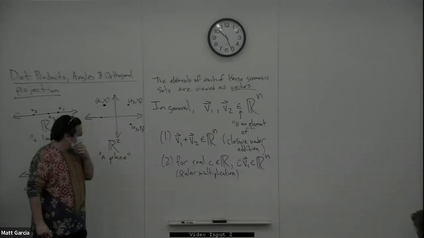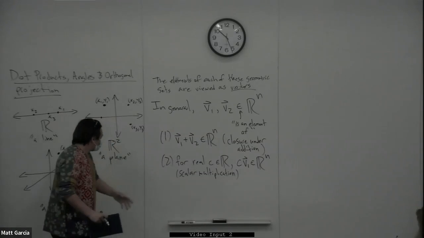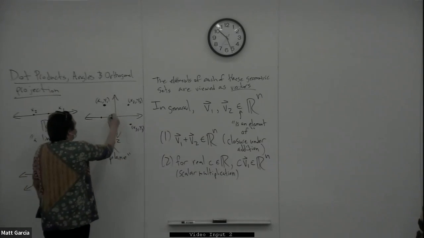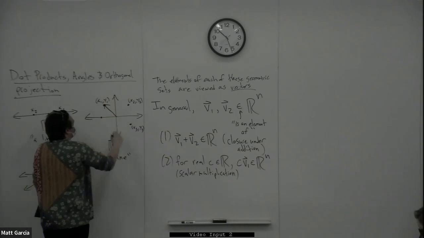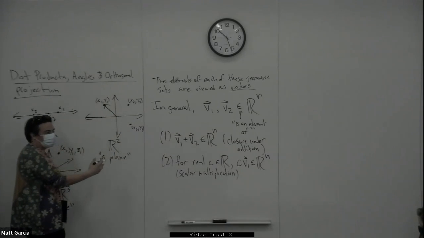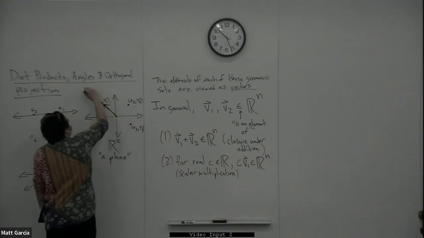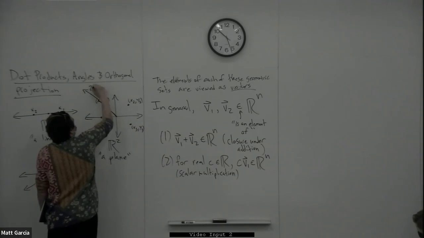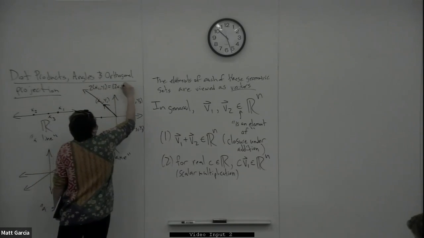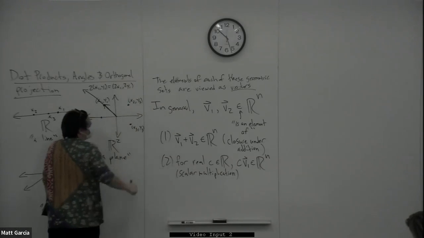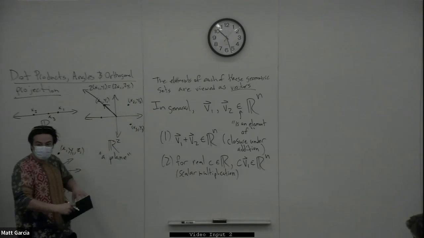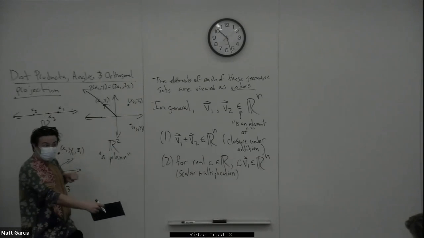Okay, so again, let's refer back to our picture here. If I take this vector here, x1, y1, and I say multiply it by 2, what I'm doing is doubling its length. Right? This is 2 times x1, y1, which is just equal to 2x1, comma 2y1. Hence this term scalar multiplication. I'm scaling the vector, either lengthening it or shrinking it.